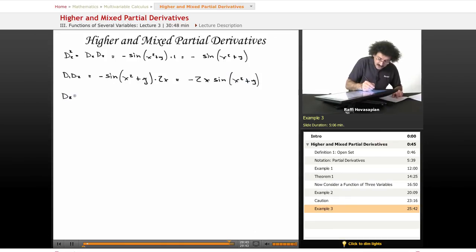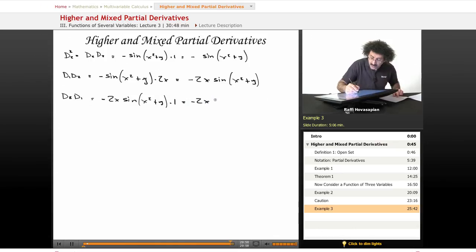And now we'll do d2 of d1. In other words, we've done d1 first. Now we're going to do d2 of that. We get minus 2x times the sine of x squared plus y times 1, which equals minus 2x sine of x squared plus y.